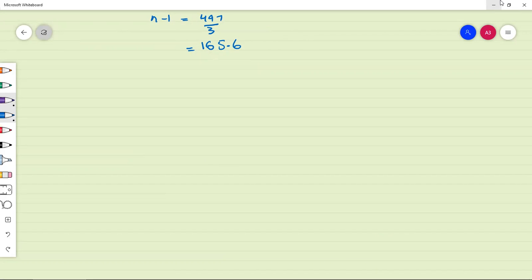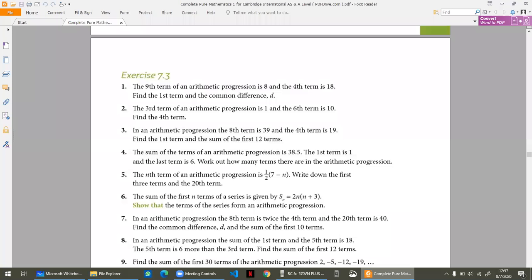For example, this is question number 1 from exercise 7.3, that the 9th term in the arithmetic progression is 8 and the 4th term is 18. You have to calculate any particular term, he said, the first term and the difference.